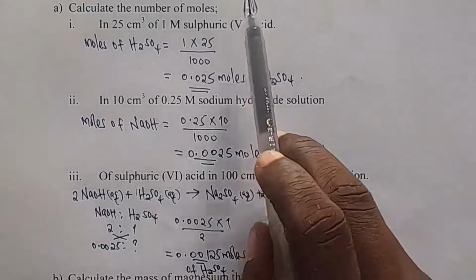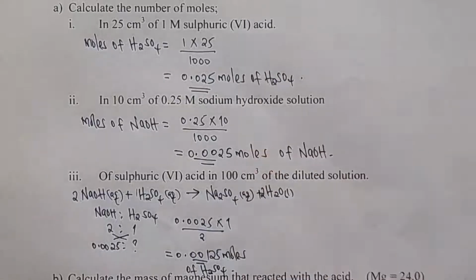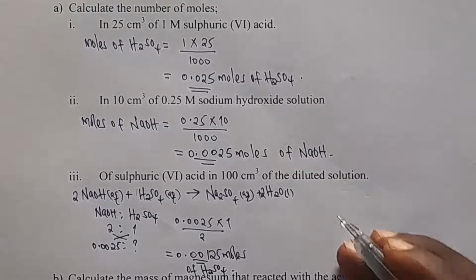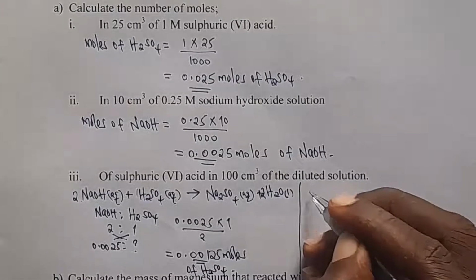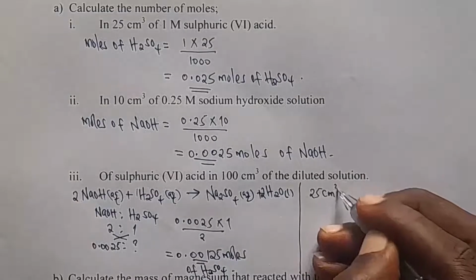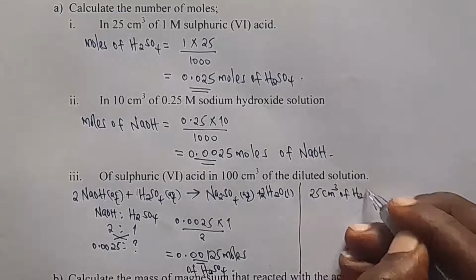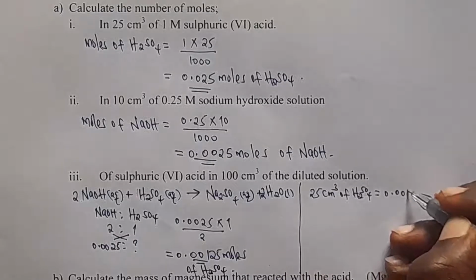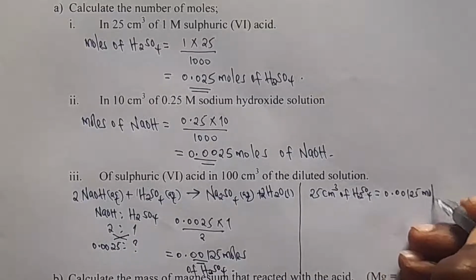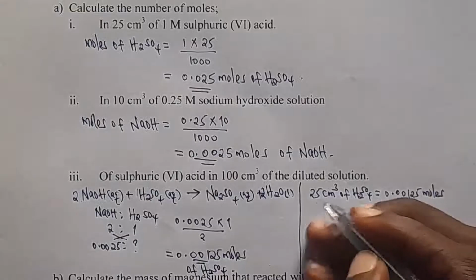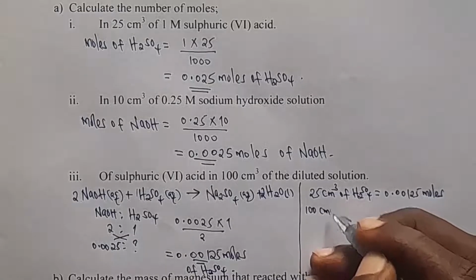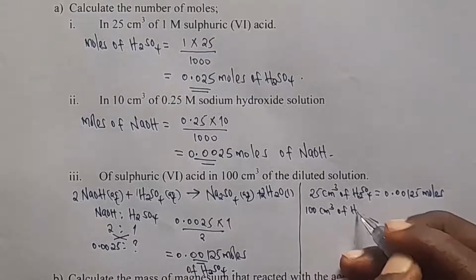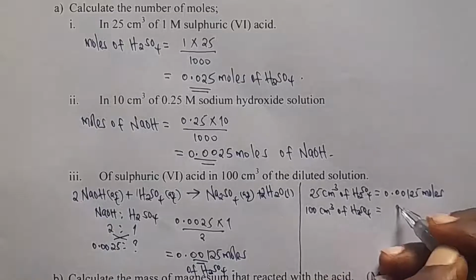So what about 100 centimeter cube of sulfuric acid? There we are going to relate, and we are going to say if 25 centimeter cube of sulfuric acid can give us this number of moles, which is 0.00125 moles of sulfuric acid, what about 100 centimeter cube of sulfuric acid? What number of moles is it going to give us?